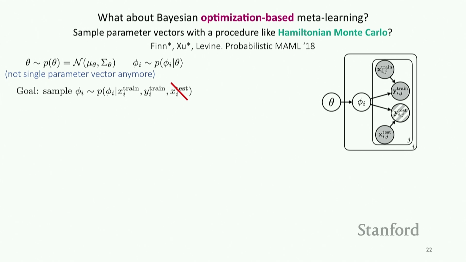Now, if we try to actually derive what this corresponds to in this graphical model, we get an integral of p of theta times p of phi given theta times our data given phi, where we need to integrate out our prior theta.